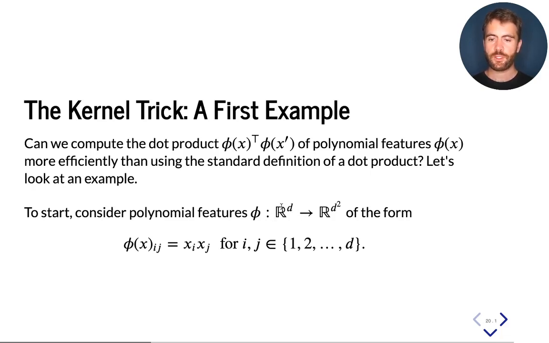So x is going to be of dimension d, and now I'm going to define a set of polynomial features of dimension d squared using the following formula. I'm going to define this vector phi, which has d squared components, and the component at index ij is going to be simply the product of attribute i with attribute j.